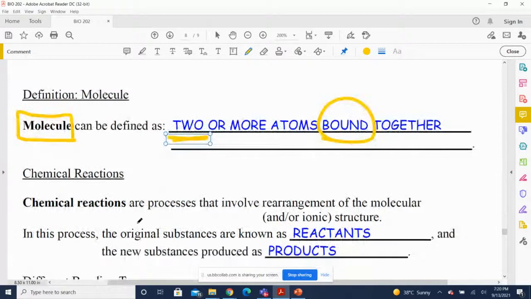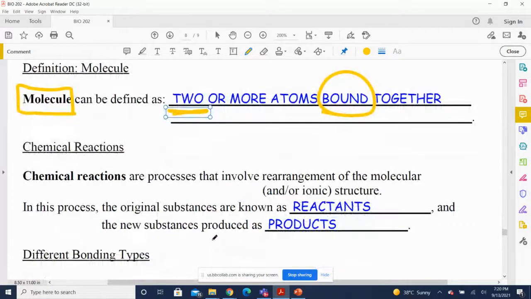And then we talked about chemical reactions. So in chemical reactions, we end up rearranging the structure of the components that make up whatever we're working on, the molecule or so on. So in chemical reactions, there's a lot of rearrangement taking place.